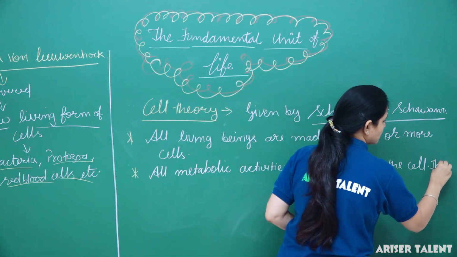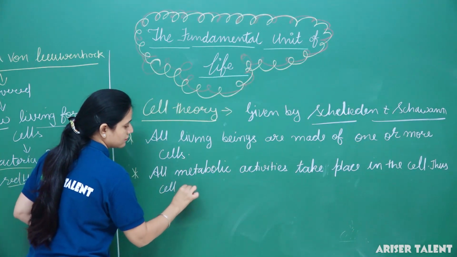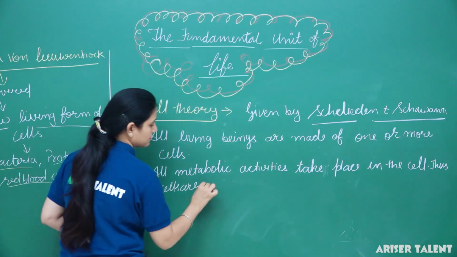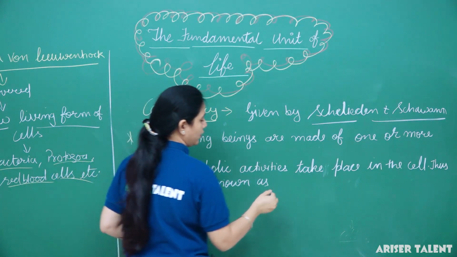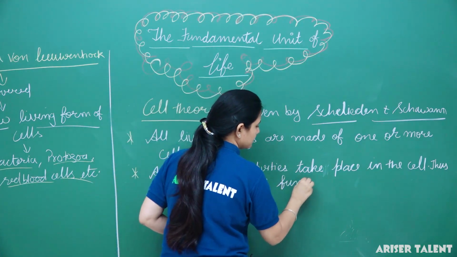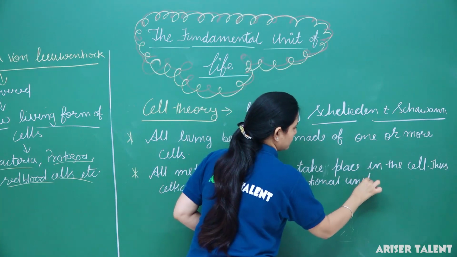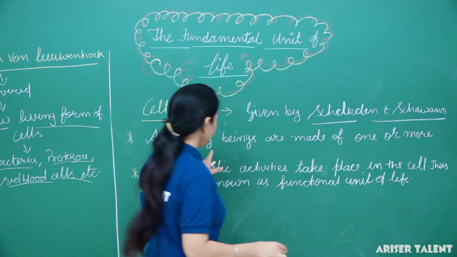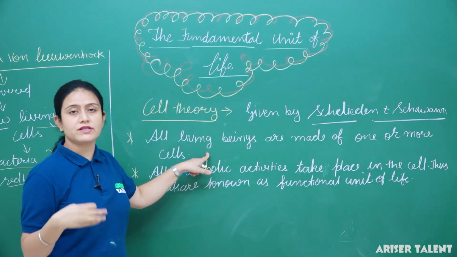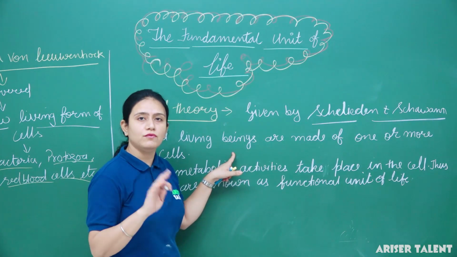Thus, cells are known as the functional unit of life. Okay, so here we have mentioned that all the living beings, whether they are plants, animals, microbes, every living being is made up of one or more cells.